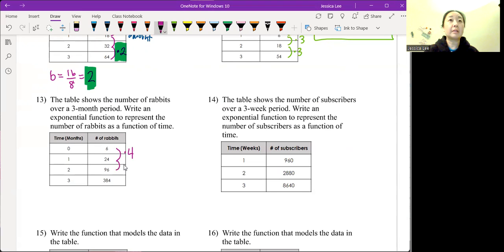And then times 4, 24 times 4 is going to be 96. If you did not know that, you could definitely use your calculator. In our initial amount, at time 0, we have 6 rabbits. That's what we start with. So again, f of t is equal to 6 times 4 to the t power.